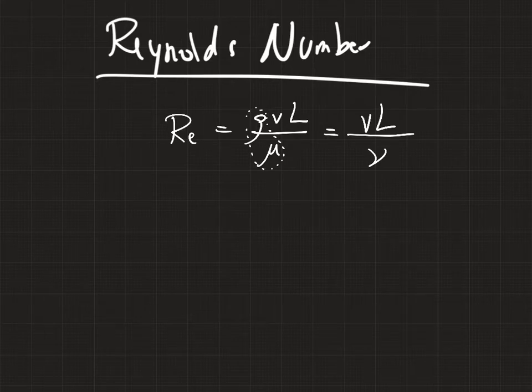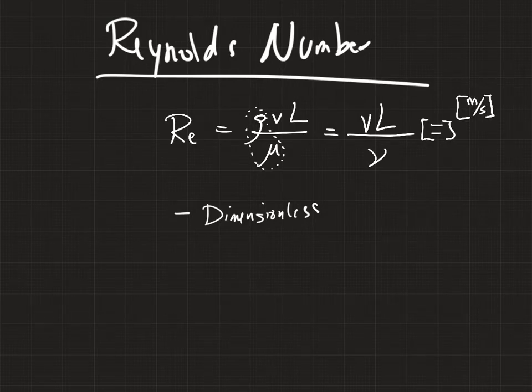So a few things, and then I'll start to talk about the magic of this. One of the magics of it is that it's dimensionless. If I do the dimensions on this, the top is a velocity. Let's suppose we're in the SI system, so this would be meters per second, times a length, which would be just meters, divided by the kinematic viscosity, meters squared per second.